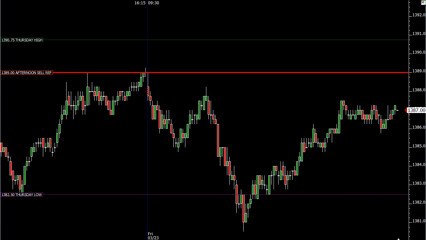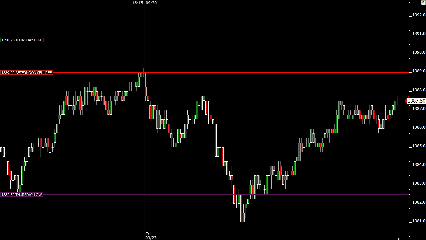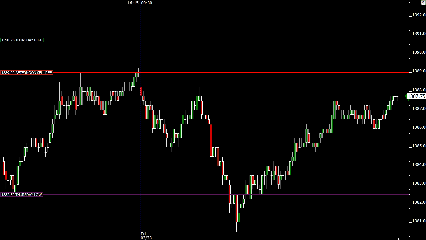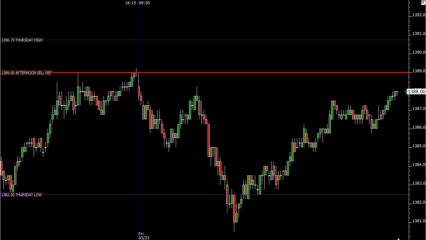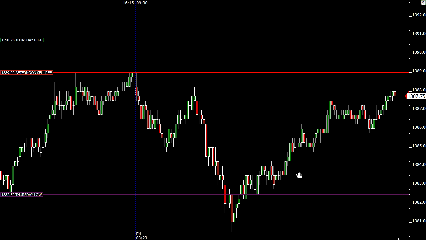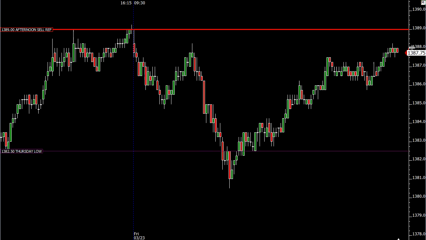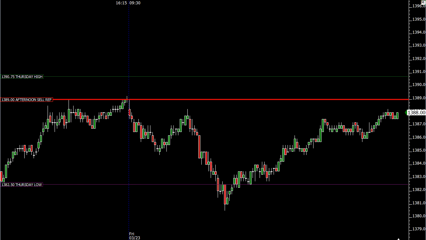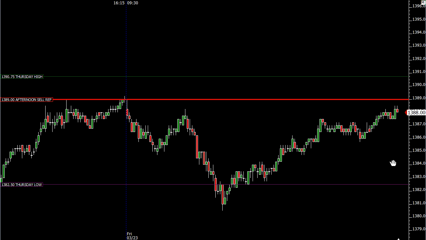And I wonder if I can just speed this up because it's taking quite a while, but basically what happens is we just carry on up and up. And we break the high and we just keep going.